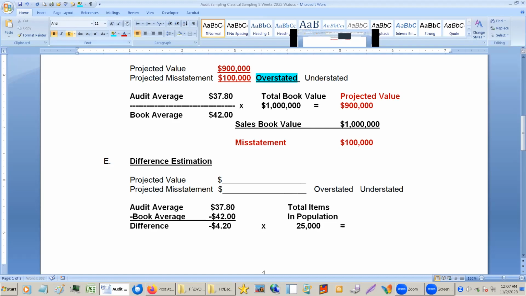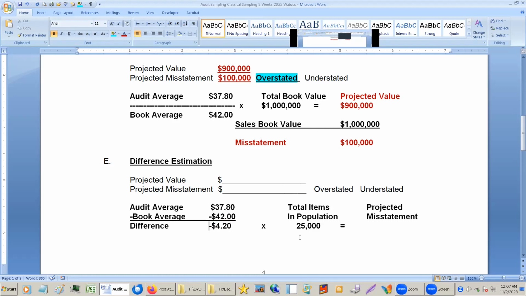And this is where it gets a little bit tricky. This is the actual projected misstatement. This is not the projected value. This is how much it's off by. We're saying every single item in this 25,000 population is off by $4.20.